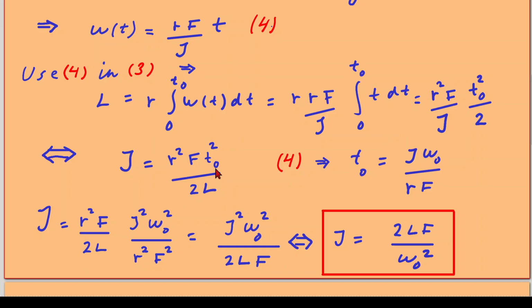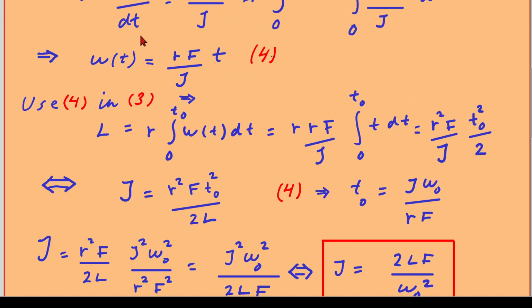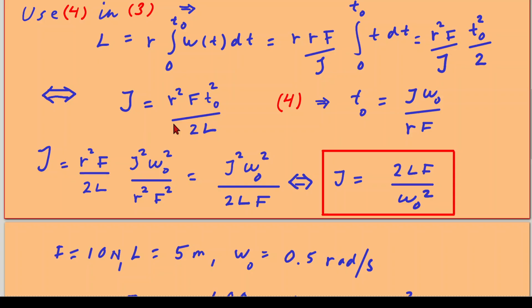T naught squared. Actually, we have the function here: omega equals this for any t. Also at t naught. So if we say t naught here, then it's t naught here. Omega at the time t naught is just omega naught, right? So we get this. And then you can insert it here.